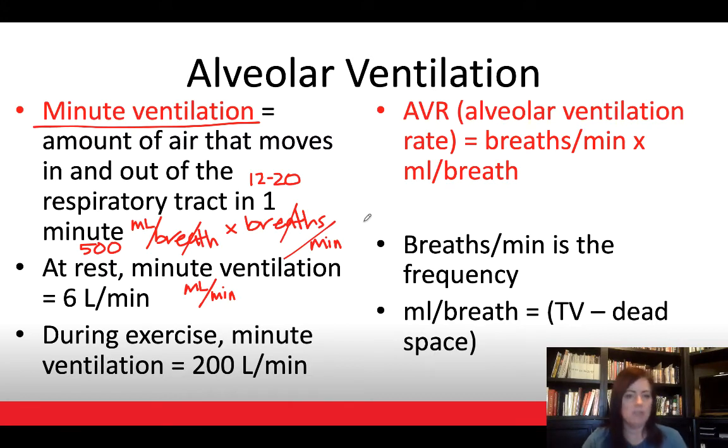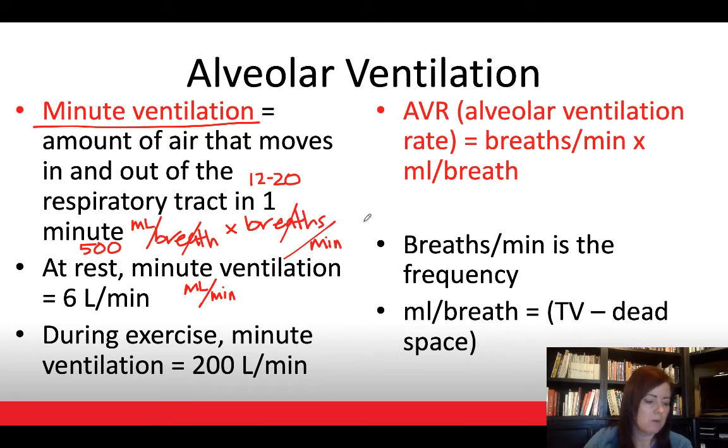Let's say that we had a patient coming in and they were taking 500 milliliter breaths and they had a respiratory rate of 16. So we would say 500 times 16 equals 8,000 milliliters per minute, or 8 liters per minute. That would be their minute ventilation.